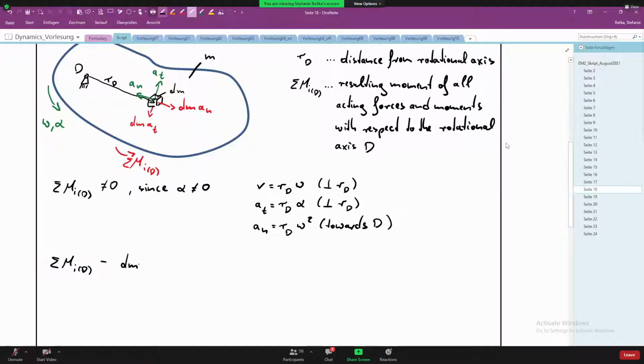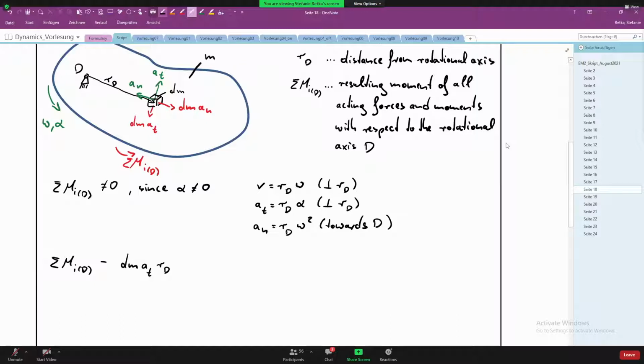So in general, dm a_t, that's the inertial force, and the radius r_D is the lever arm. Force times lever arm is the momentum.